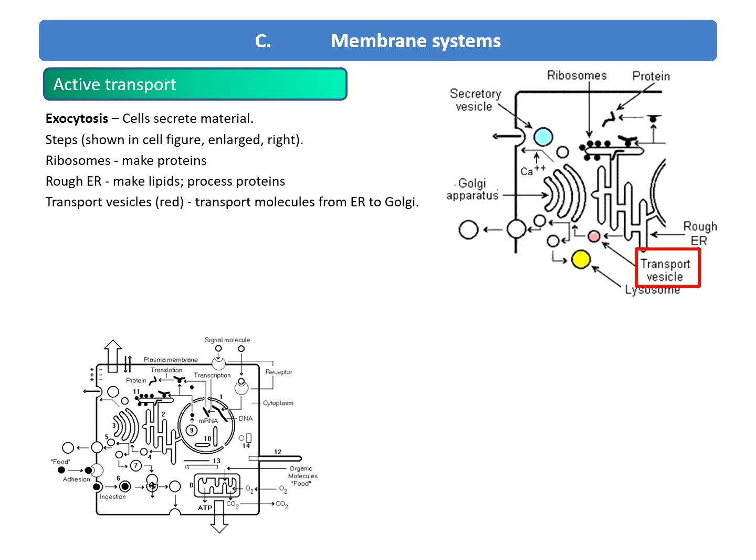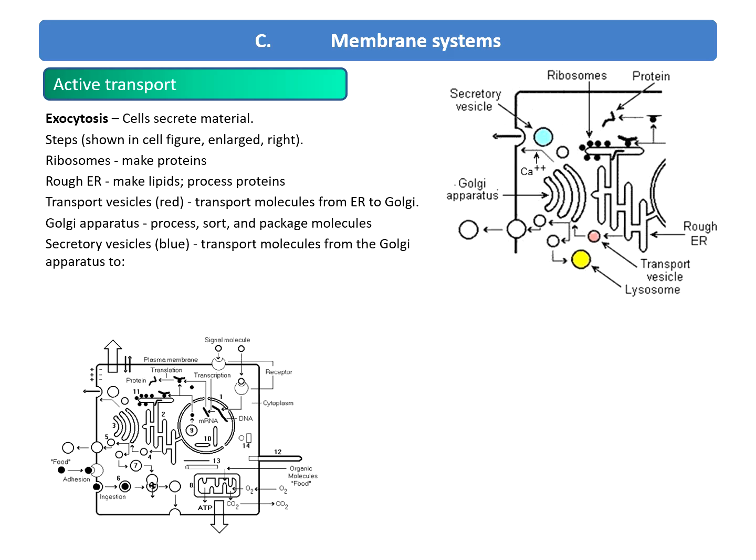Transport vesicles transport the molecules from the ER to the Golgi apparatus. In the Golgi apparatus, the molecules are processed, sorted, and packaged. Secretory vesicles, shown in blue, transport molecules from the Golgi apparatus to the plasma membrane. Often calcium is required for this process.